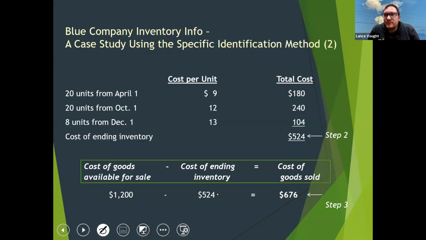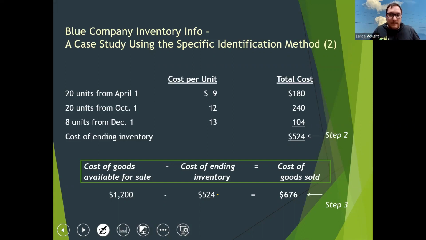But if you just so happen to know that the ones that you sold happen to be the ones that you had at the beginning of the year, and some that you had in July, and then for some reason the April, the October, and the December ones are still left over, great. Then you know the distinct cost of those distinct units.